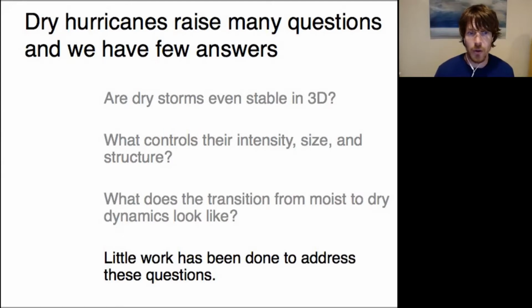Second, what controls their intensity, size, and structure? Are similar theories to what's used for moist storms viable, or do we need to throw those away and use something completely different? Third, and related to that, what does the transition from moist to dry vortex dynamics look like? So I'm going to talk about work that I've been doing today to address these questions.